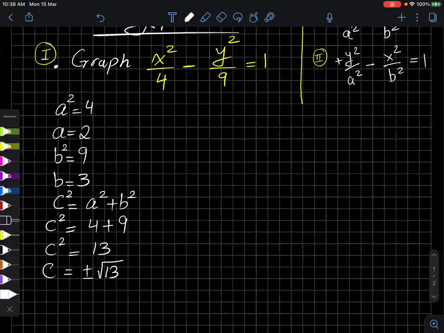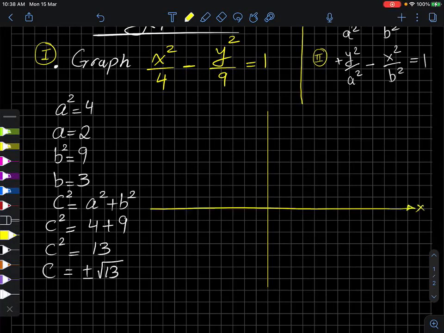And I would like you all to pay attention, please. While graphing this one, I'll draw the x-axis and the y-axis, the xy plane. Here's the x-axis and here the y-axis.